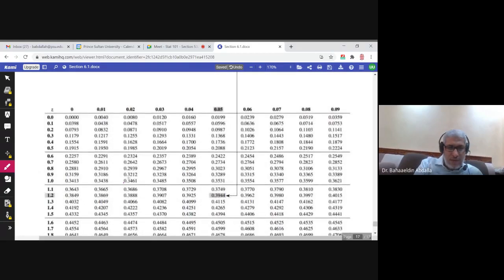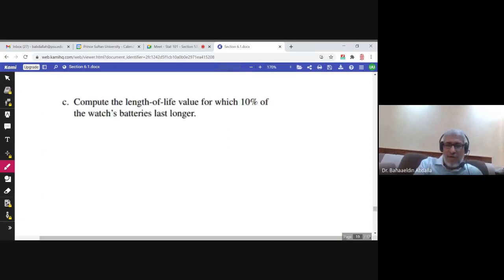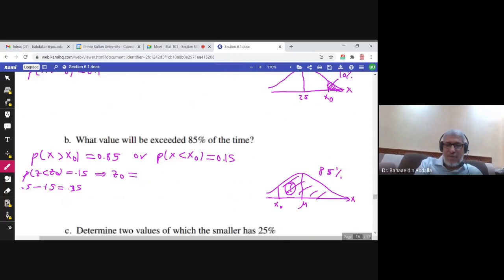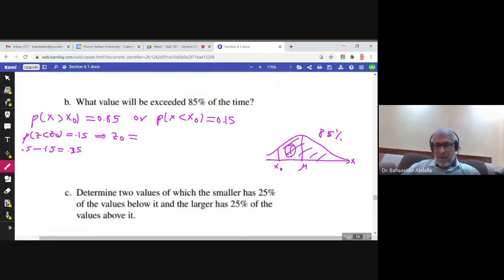This is 0.3436, so I keep going: 3485, 3508. Now this is 85 and this is 08. 08 is closer, so it is 1.04. This is Z0. But remember, Z0 is to the left. So you take it negative. So negative 1.04.